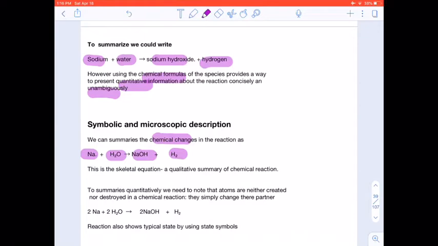So sodium plus water react, the arrow means reacts, and it gives us our products, sodium hydroxide and hydrogen. So this is really a skeletal equation. Right, now, to summarize this quantitatively, we need to note that atoms are neither created nor destroyed. Right? In a chemical reaction, they simply change their partner.